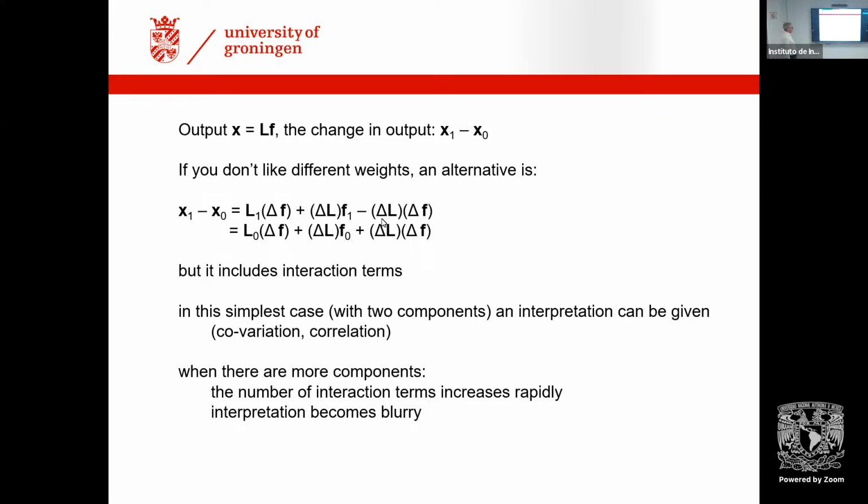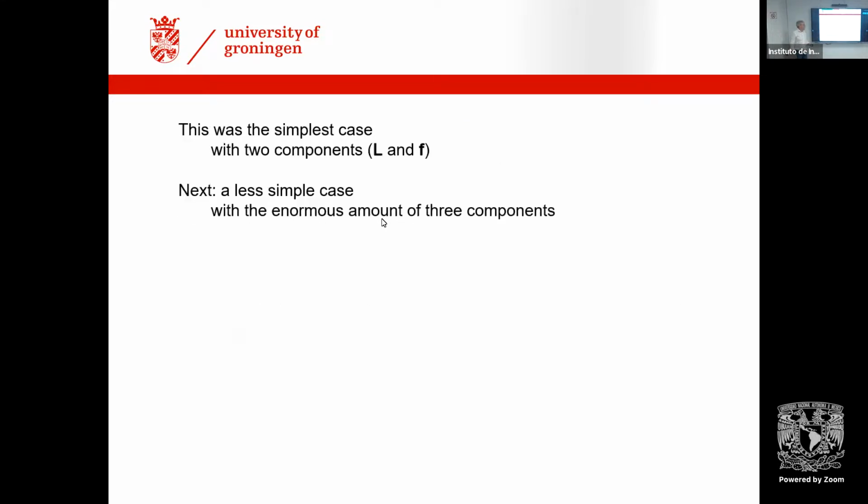I find that very difficult. And if there are many more components, I get a whole truckload of these interaction terms. And I find it very difficult to give an interpretation there. So I do not like very much the interaction term approach, but it's valid. I mean, it's no problem at all.